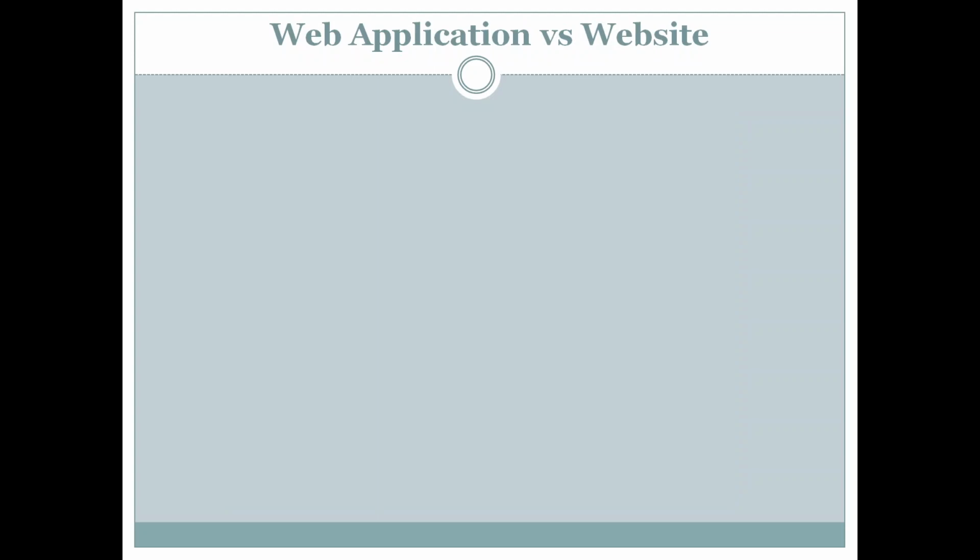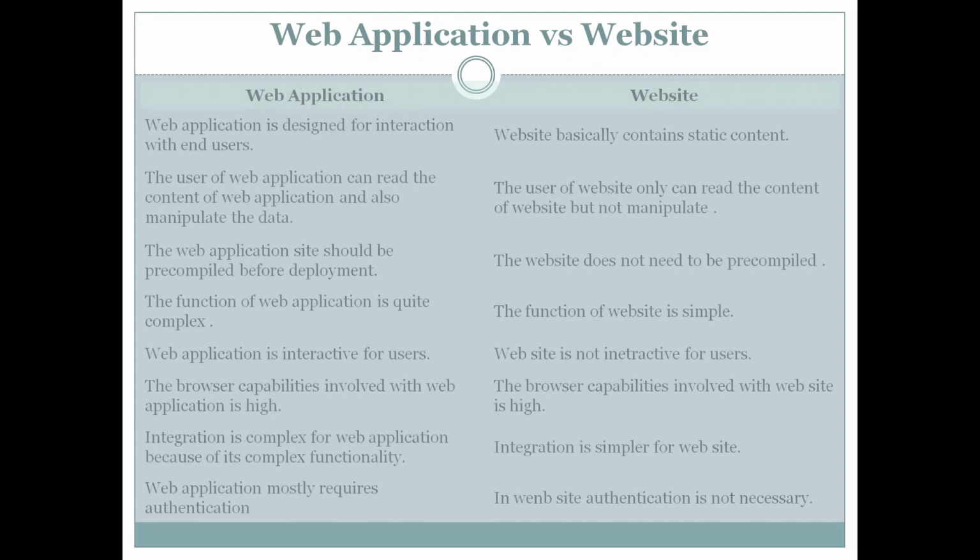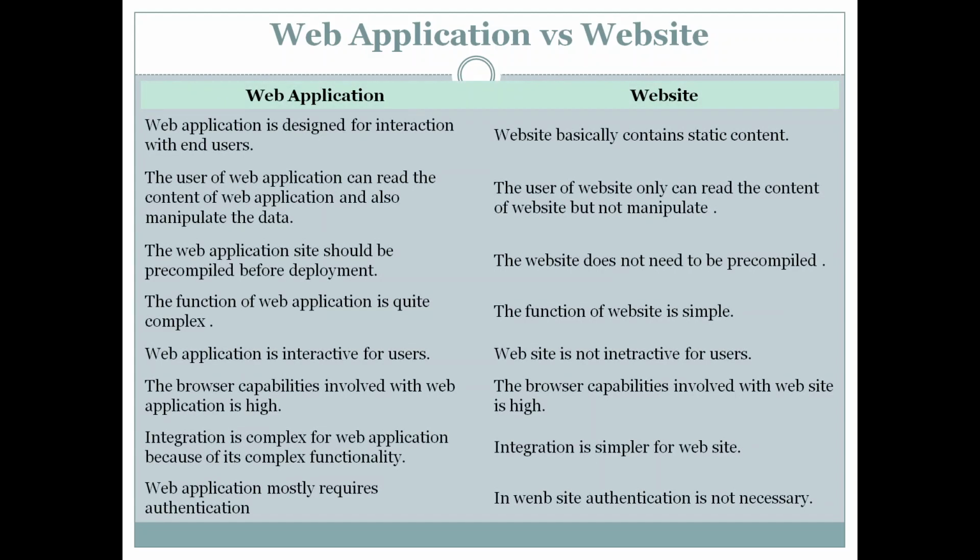Let us go through the difference between web application and website. There are a few important differences between web application and websites. The first is web application is designed for interaction with end users. Websites basically contain static content. This generally means in a web application the user interacts with the application. In websites, as it is static, content doesn't change, so there is very little interaction of a user with a website.